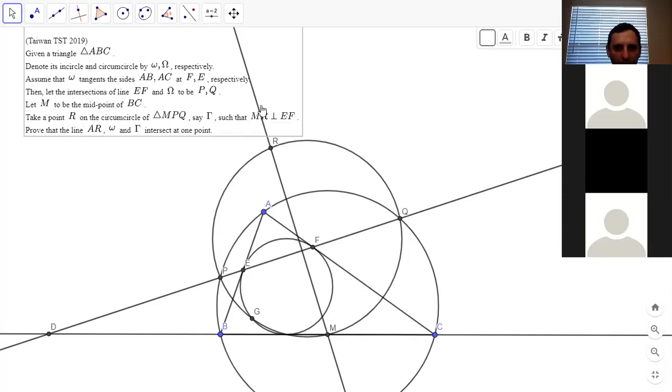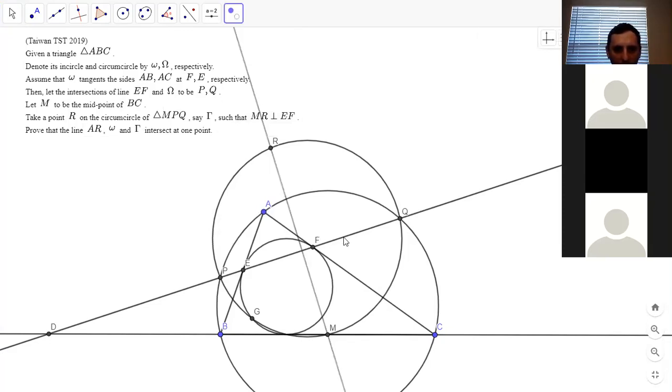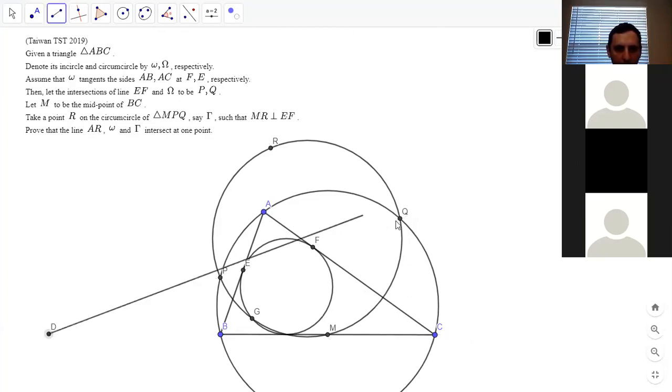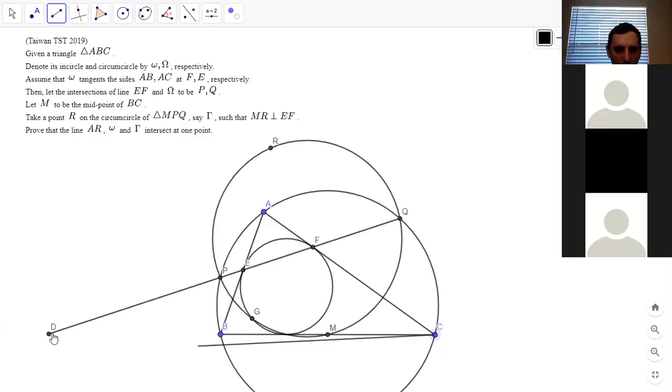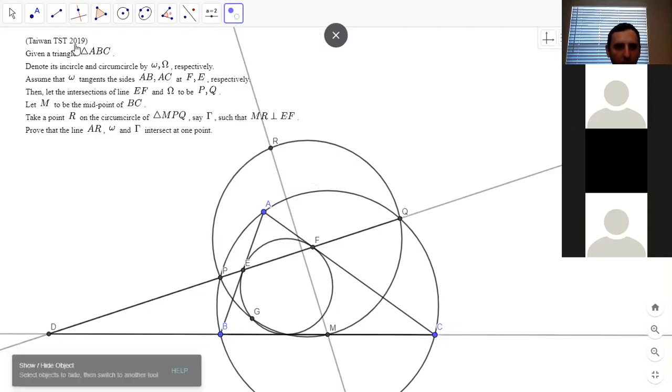And we can prove that the incircle, the circle of PQR and BC are concurrent. Okay, hold on just a second. Is there one more thing I have to draw? Oh yeah, MR.